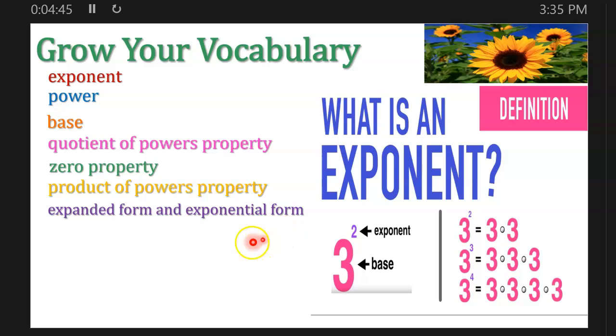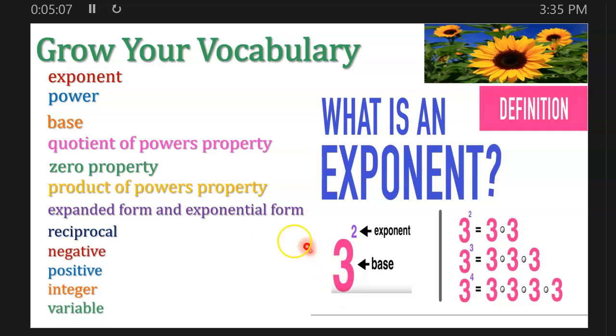We're also going to talk about expanded form and exponential form. Exponential form kind of looks like this, and then expanded form is when we actually expand all of the numbers out. Reciprocal is when we take a fraction and we flip it around where the numerator becomes the denominator and the denominator becomes the numerator.